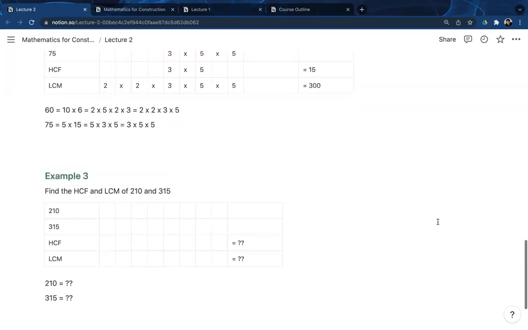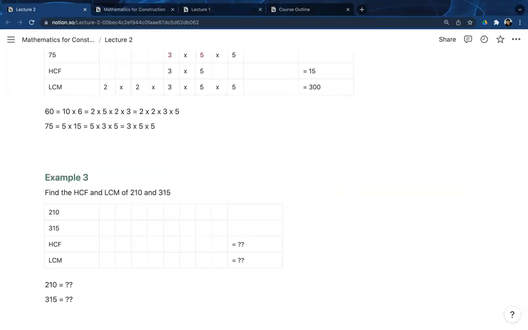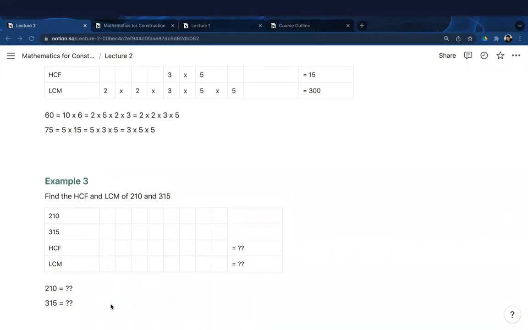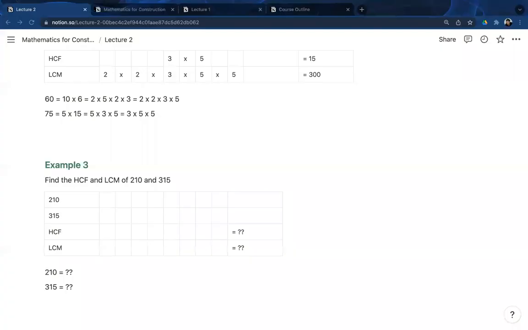That's the next example, right? HCF and LCM of 210 and 315. You don't really need a calculator for this. You could do the prime factorization of both numbers first, split it up into primes, right? So let's see how we could solve this problem here.